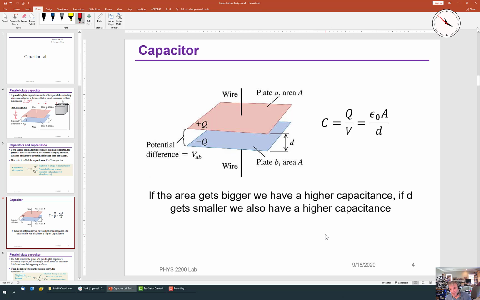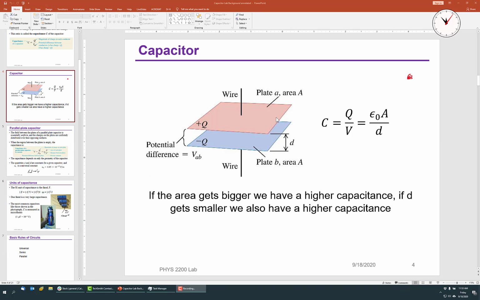So we can also say that capacitance, we can define it physically, area divided by the distance, and we have the permittivity of free space. So we can relate the definition of a capacitor to its physicality, and it makes sense here.